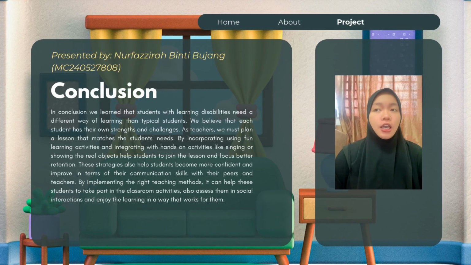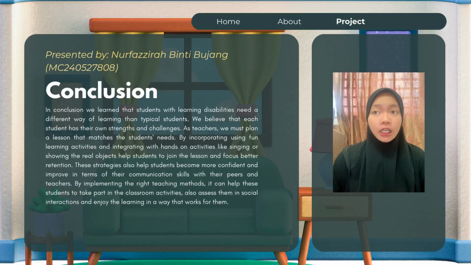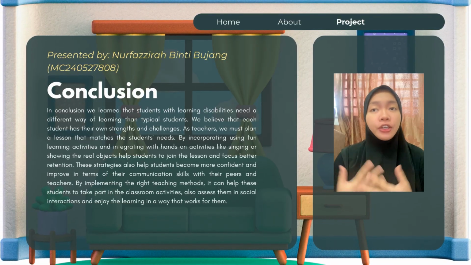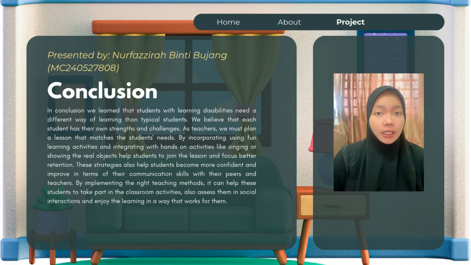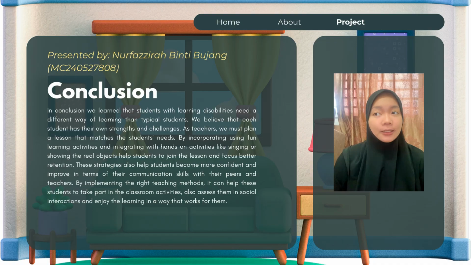Okay. To conclude, what we have learned is that students with learning disabilities need teaching methods that are different from typical approaches, because each student has their own unique strengths and challenges. So it is important for the teacher to plan lessons that suit their individual styles and needs.